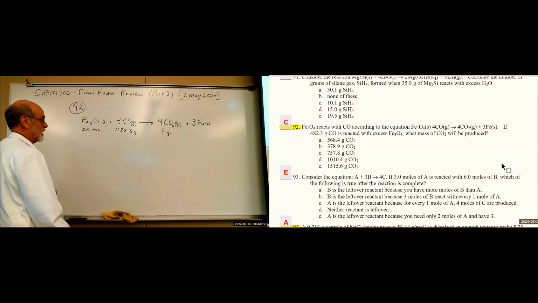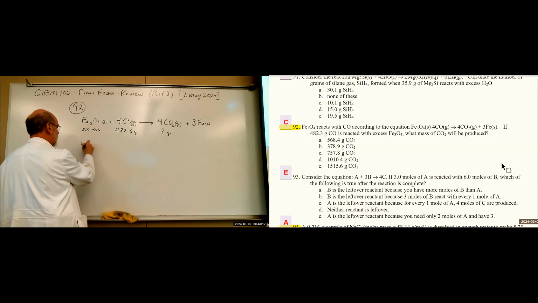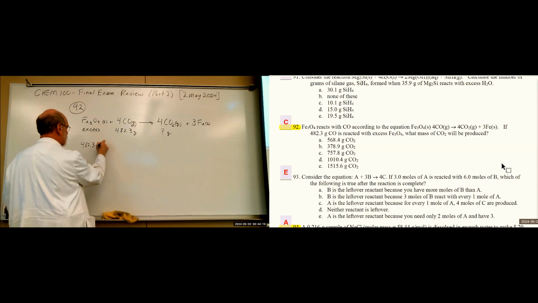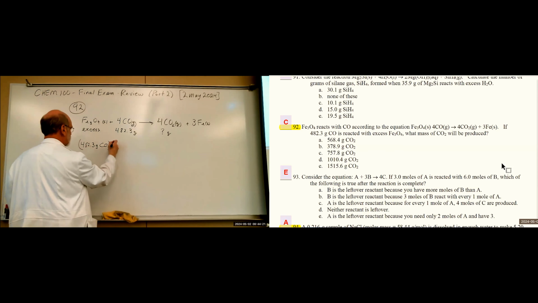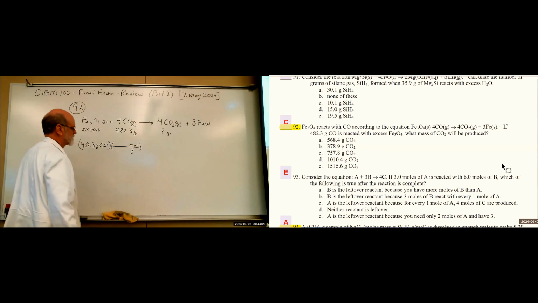Now we have to convert to moles, don't we? So 482.3 grams of carbon monoxide. We need to know the molar mass.